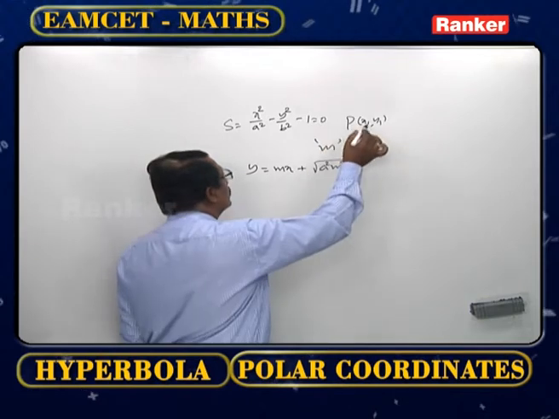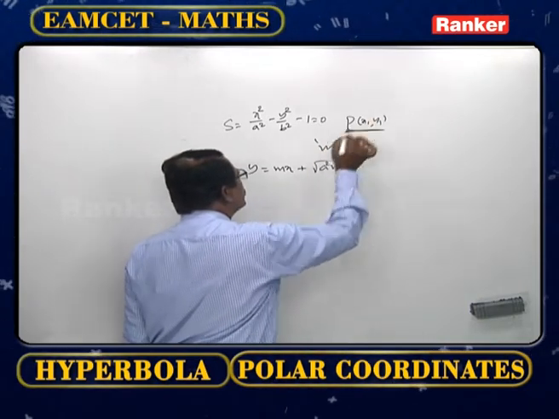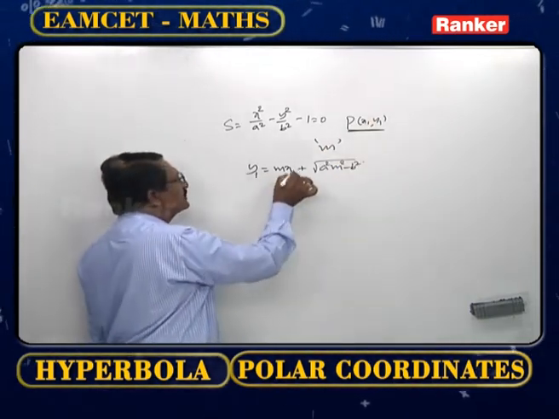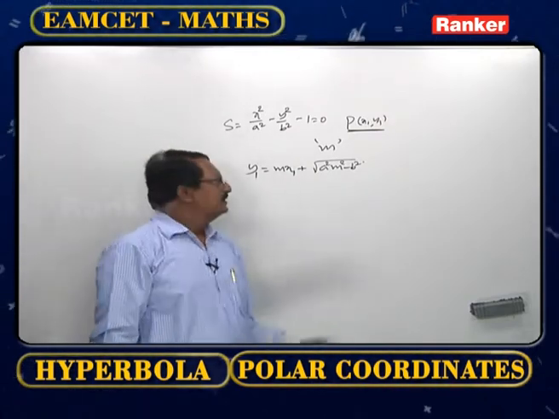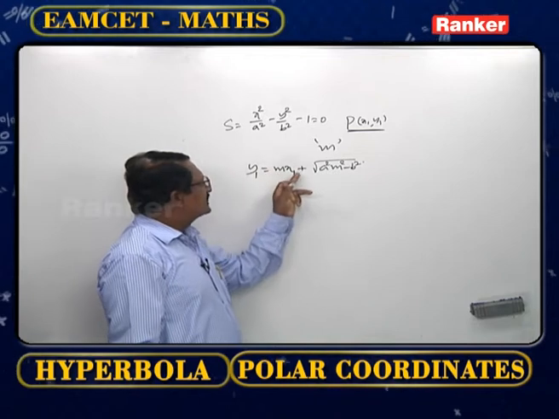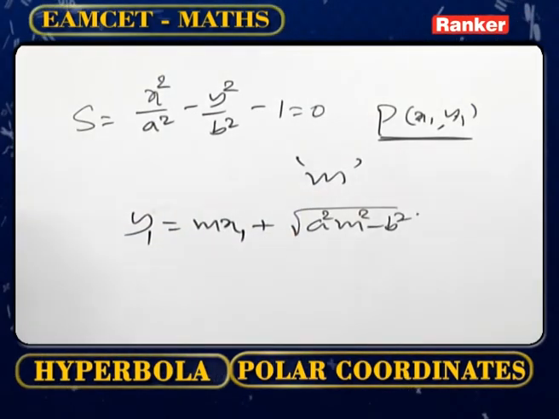But that tangent passes through (x1, y1), so y1 equals mx1 plus square root of a square m square minus b square.